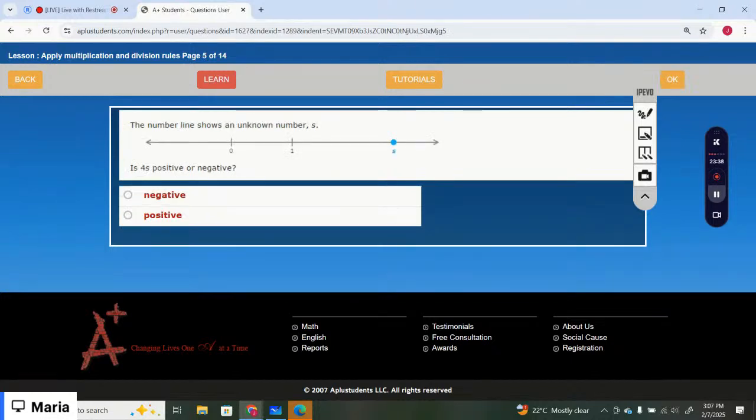The number line shows an unknown number S. Is 4S positive or negative?